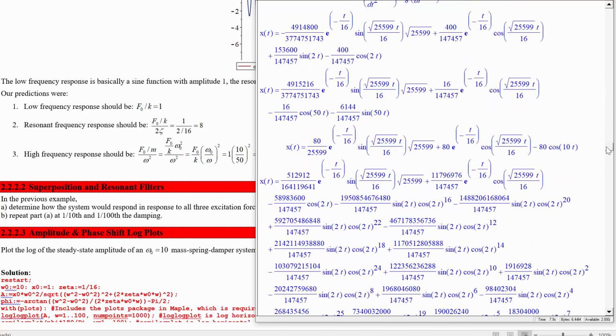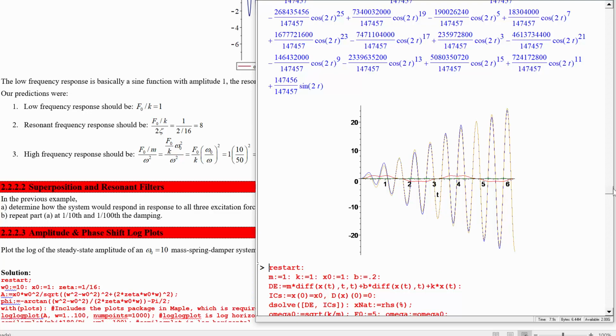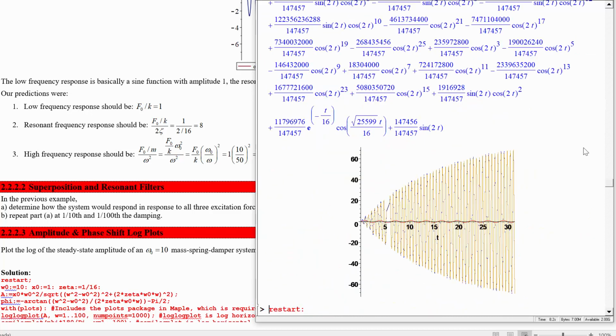So zeta is 1/160. It gets a lot closer to just the resonant response. We haven't even reached steady state yet, so maybe we should plot this for more periods at this point. Let's go to 10 of the low frequency periods. Yes, so almost entirely just the resonant response, this blue and yellow curve the same.